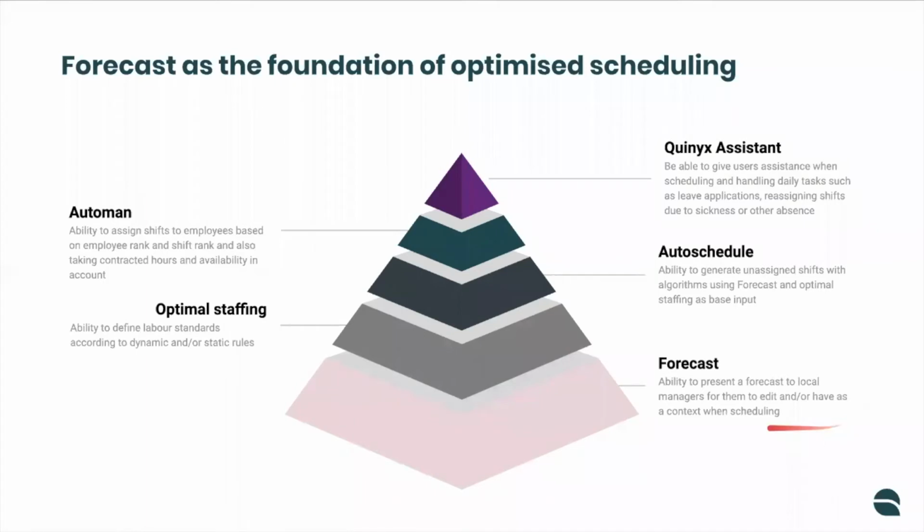Over and above that, the next step is to then allow for the definition of what is optimal staffing. So based on what is being inputted with regards to forecast data, what is the associated level of staffing needed in order to deliver that forecast.